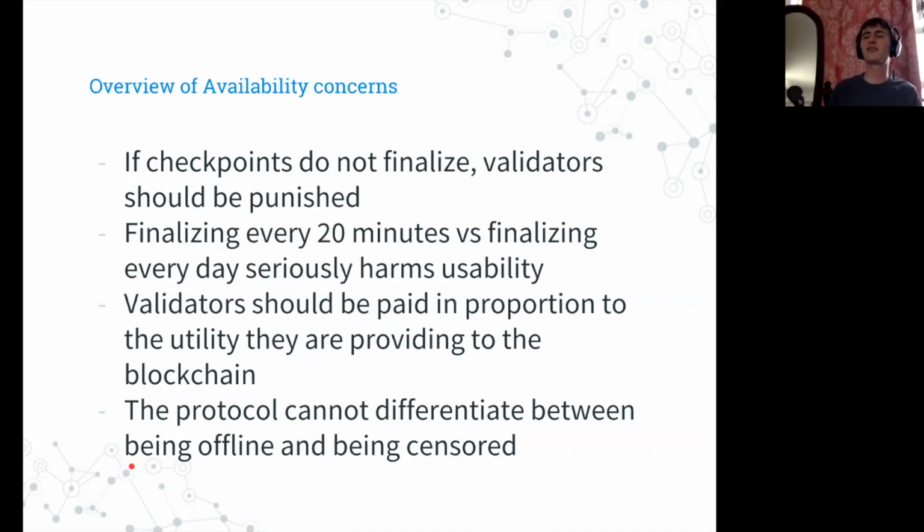From the protocol's perspective, there's no way to detect that the validator that's running the blockchain is actually censoring transactions. So while we should pay them in proportion to the utility they're providing, even people who are preparing and committing could be censoring. So we have to penalize them as well. The only time we are not going to penalize is if everything is working smoothly.